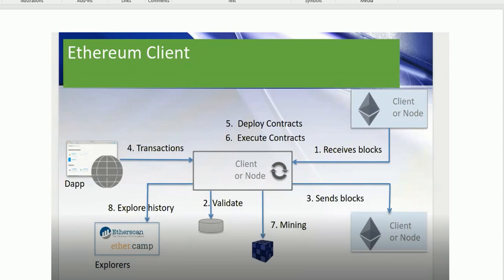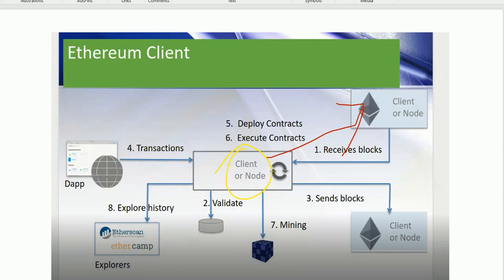So the first step here is, this is the client, this is the node, this is your Geth actually, which is nothing but your Ethereum client. With this Ethereum client we can do so many transactions. For example, you can receive blocks from other Ethereum clients because it's a network.